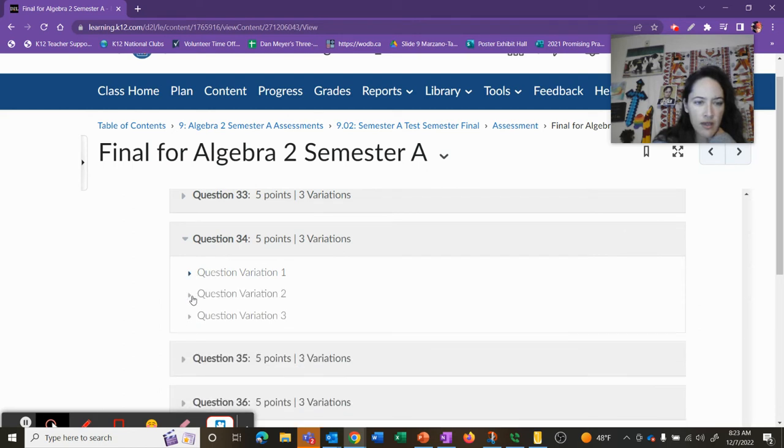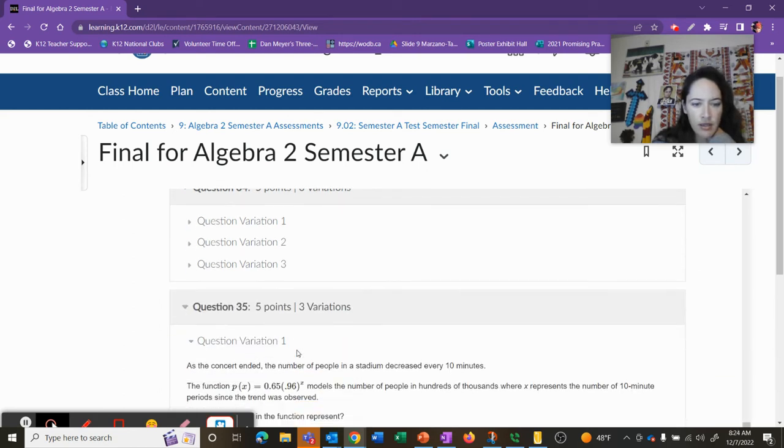Okay, just checking for you guys. Question 35. Concert ended. Help. We have growth rate models. Okay, so x is 10 minutes. Number of people decreased every 10 minutes. X represents the number of 10-minute periods. So when that happens, for every 10 over 10, it equals 1 period.